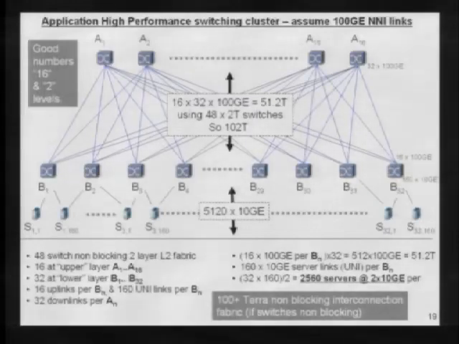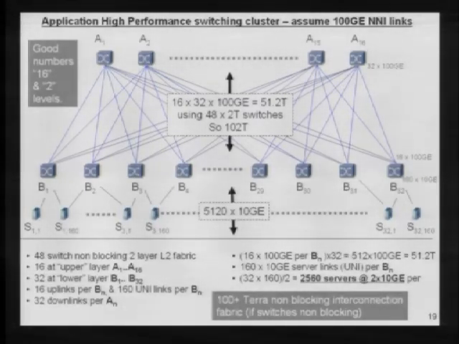This is an example of a kind of a data center fabric that I'm talking about, and I'm not going to go through this in gory detail, but essentially what you've got here is almost 100 or so terabit switch fabric, where you have 16 spine nodes with 100 gig E-links going down to 32 aggregation, or whatever term you want to use, devices on the bottom, which are talking to 5,000 servers with 2 times 10 gig E each.